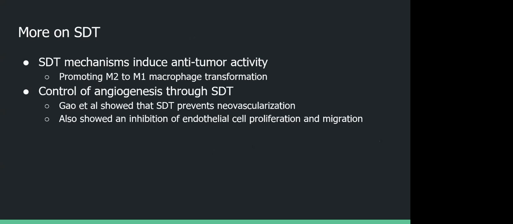So it's good that we have M1 macrophage transformation to destroy those tumors. And SDT also controls angiogenesis, and this study with Gao showed that SDT prevents neovascularization. This is also important because we don't want the formation of blood vessels to support those tumor cells. This study also showed an inhibition of endothelial cell proliferation and migration.